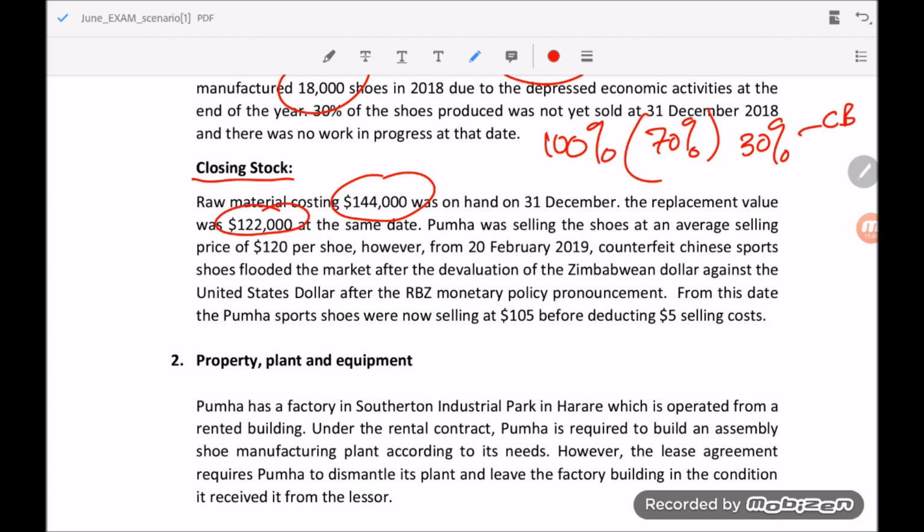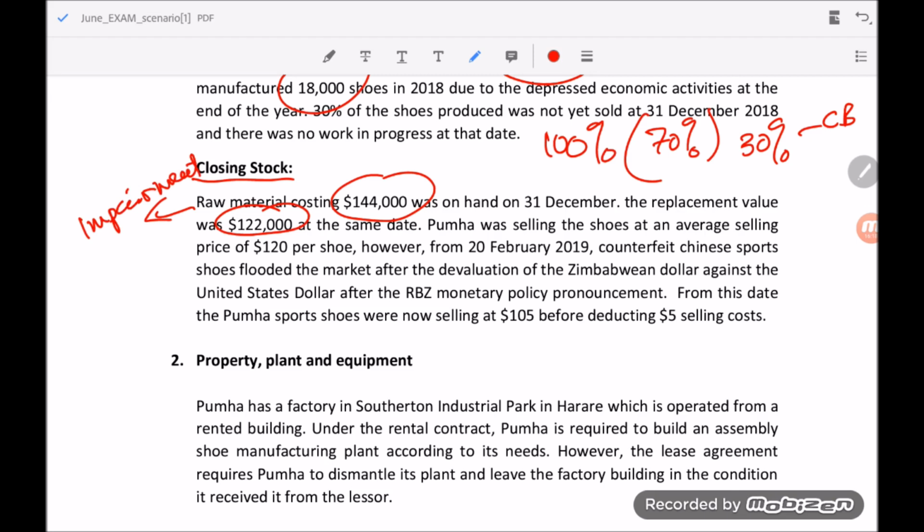So when you look at the valuation of your stock, be it raw materials, closing stock, or work in progress, we always know that the standard requires us to value our stock at the lower of cost and net realizable value. And if we're going to realize these raw materials, we can see that we cannot realize 144 anymore. We can only realize 122,000. So that means that over here we see there is a certain level of impairment or write-off of inventory on raw materials that we need to do.